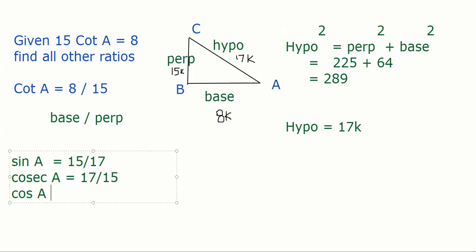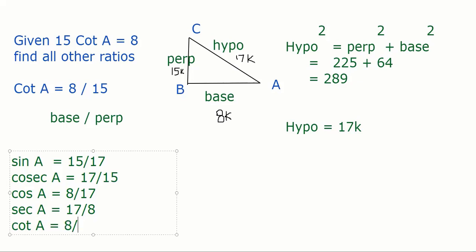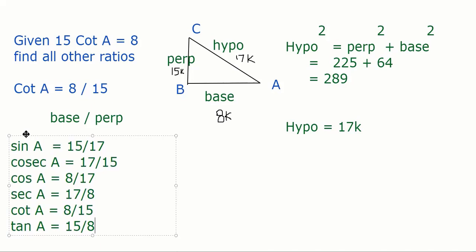Cos is base by hypotenuse, so 8k by 17k. Sec A is 17 by 8, the reverse. And cot we already know, cot is given as 8 by 15. Tan will be the reciprocal of that, 15 by 8. We can get all these six ratios within one minute.